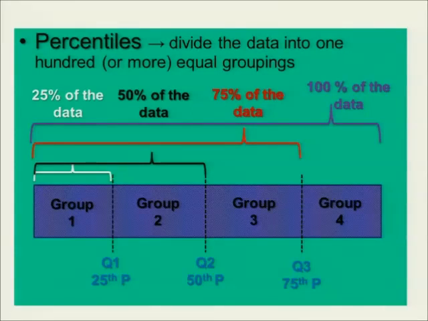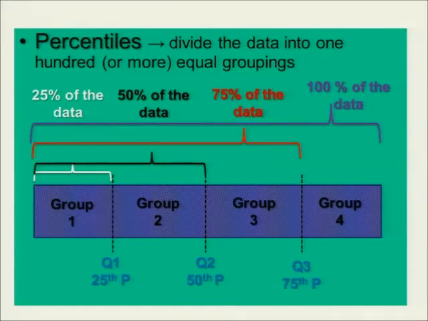Okay? Let's look at the 50th percentile, just below Q2. Once you have Q2, you already have the 50th percentile. Below the 50th percentile, I've marked with black, that's where you find 50% of the data.